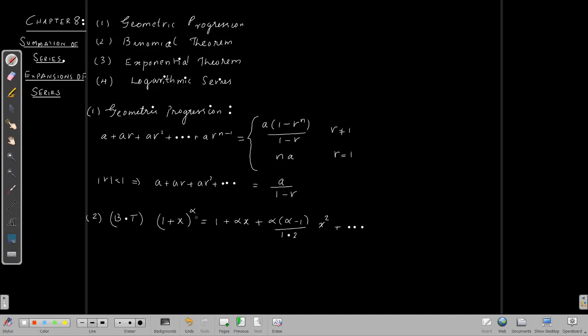If alpha is a positive integer, then this contains only a finite number of terms. Otherwise, it contains infinitely many terms. So that is what we call binomial theorem.